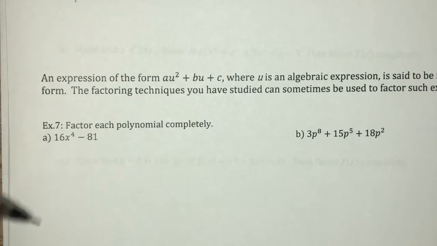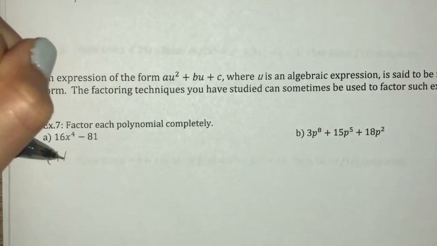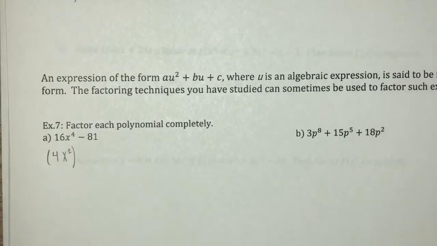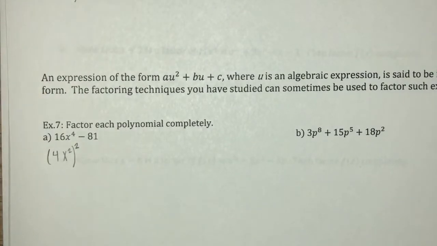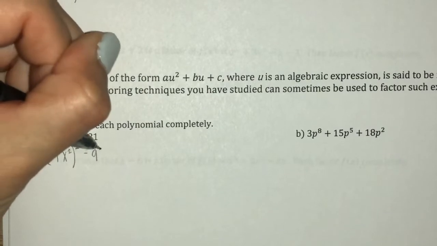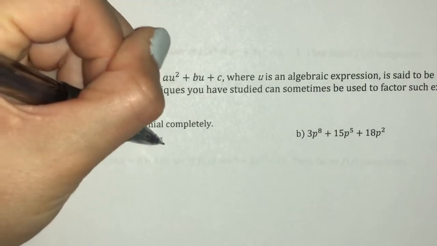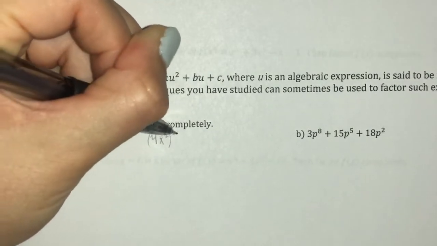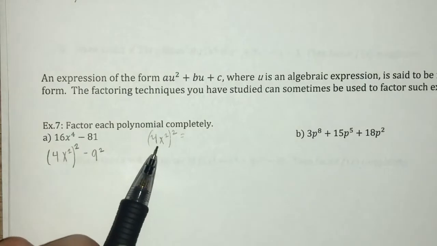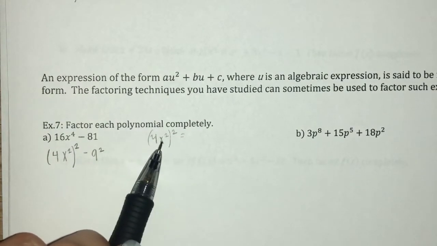So 16x to the fourth is actually 4x squared being squared. And then 81 I can rewrite as 9 squared. So just in case that's confusing, 4x squared in parentheses being squared means, since this is just one term with different factors, the 2 can go to each of those factors.